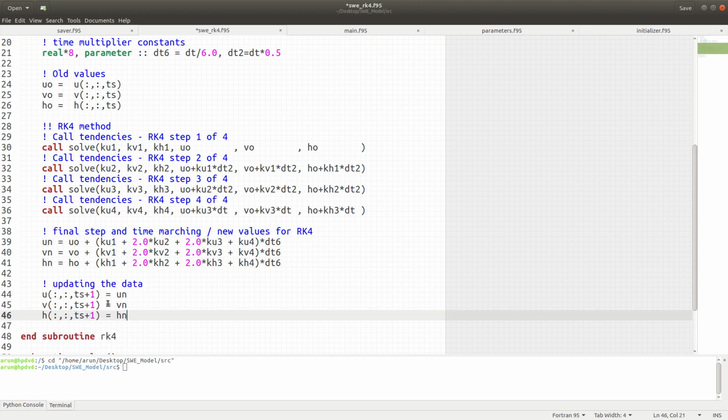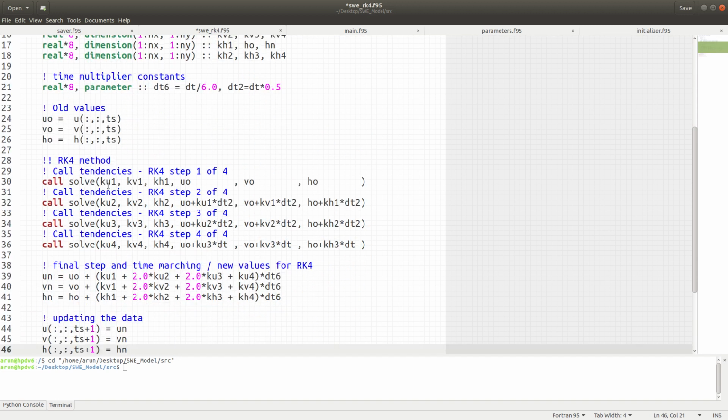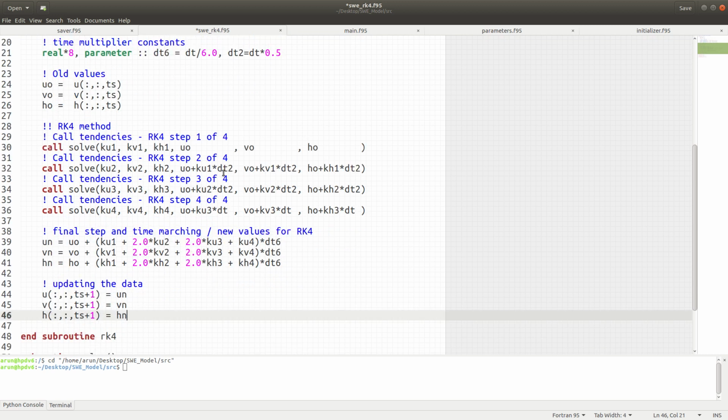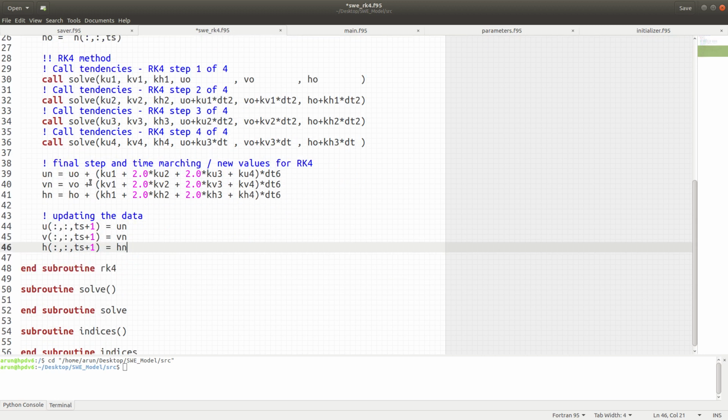So that's it. We get the value for the older time step and save them in U0, V0, H0. I'm going to call the solve subroutine 4 times with different input values, and we'll get 4 different slope functions for each and every variable. Then using the slope functions, we calculate the new time step value, and we're updating the velocities and height for the new time step, and that's it.